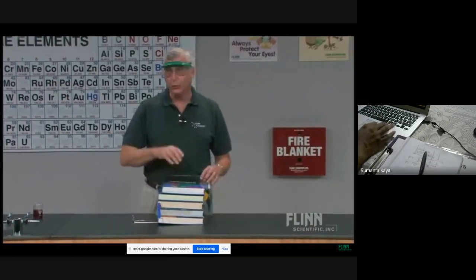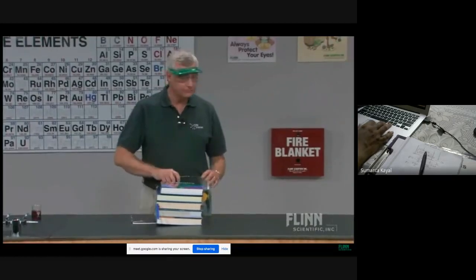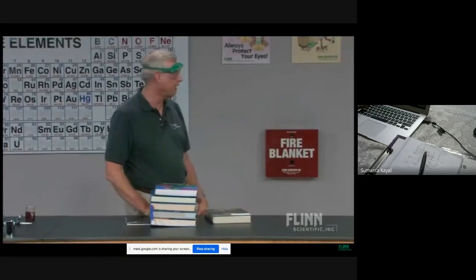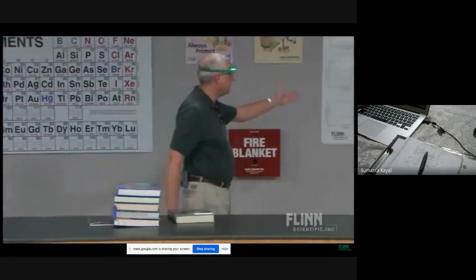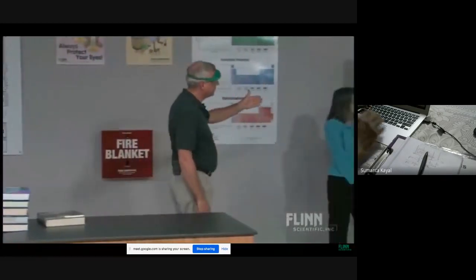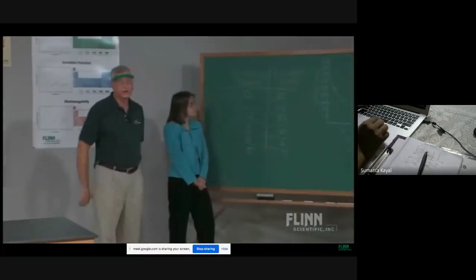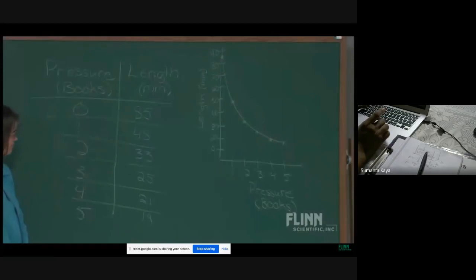You can see that video, but the main point I'm trying to make here is that P multiplied by V is constant, and therefore we get this graph. If you take any point, take x-axis and y-axis and multiply, you'll see that it is constant. If pressure increases, volume will be less. If pressure decreases, volume will be more.